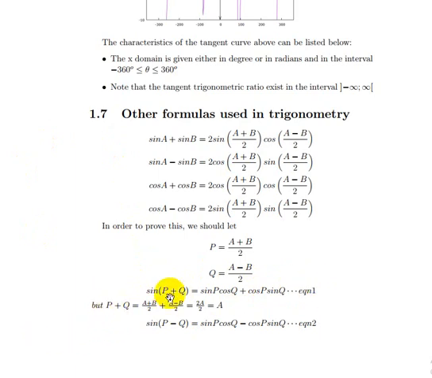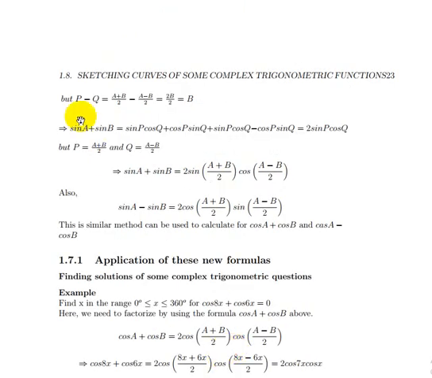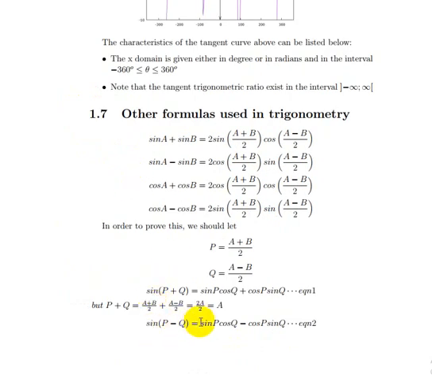Now P plus Q: we substitute the values, so (A plus B) all over 2 plus (A minus B) all over 2 gives you A. So P plus Q gives you A, and we can summarize that sine A equals this. Now sine of (P minus Q) equals sine P cos Q minus cos P sine Q. P minus Q gives you B. So sine B equals sine P cos Q minus cos P sine Q.